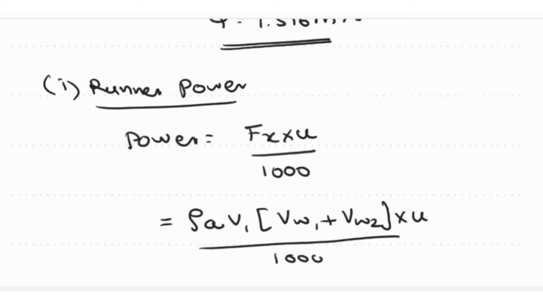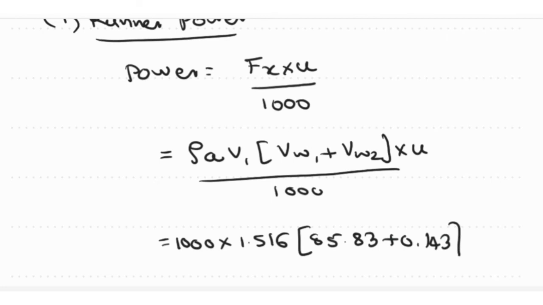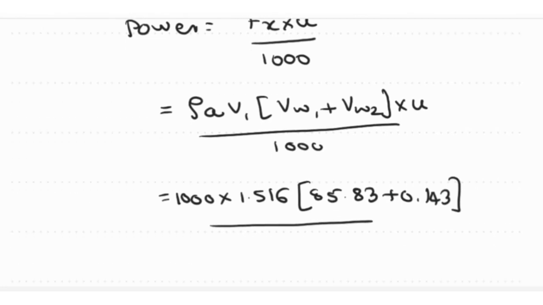So we have to substitute the values here. A into V1 we have calculated, and we got it as 1.516. VW1 is 85.83 and VW2 is 0.143, divided by 1000, into U value, that is 38.62.